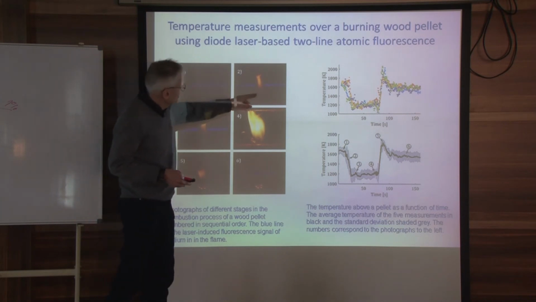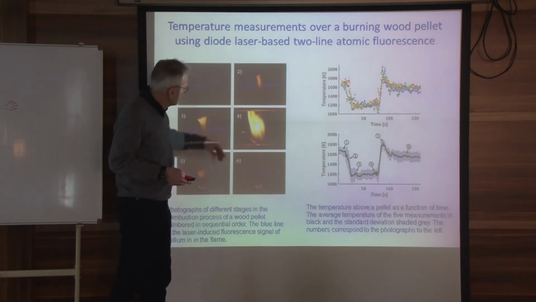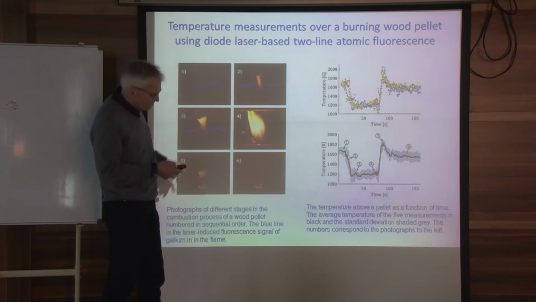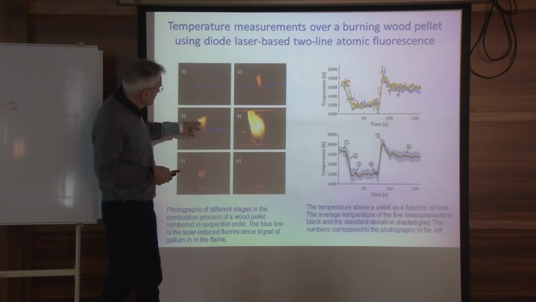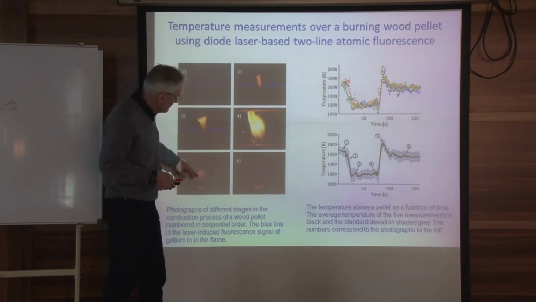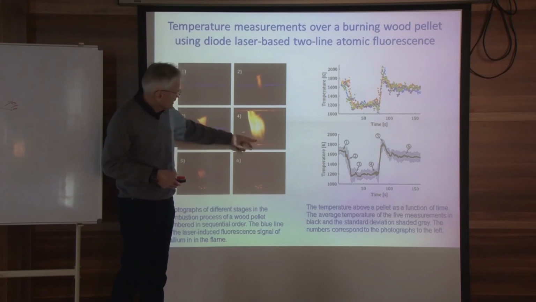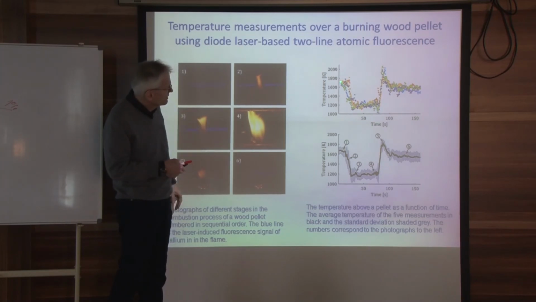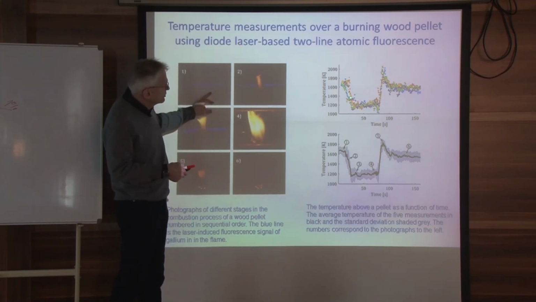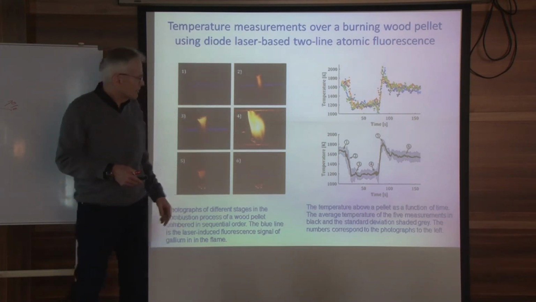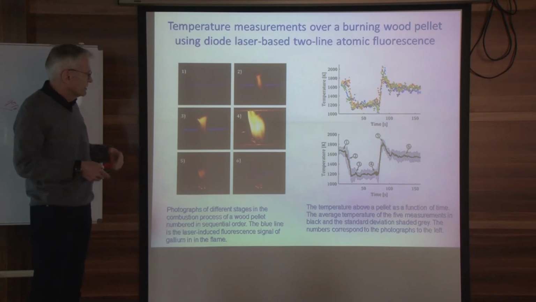Here we introduce the particle and you can see that it starts to burn. And these are at different times. We introduce this as time 0. And then we can measure above at different stages when this was burnt, and you can see how the temperature goes down above this. And this is also something that is very important to understand.